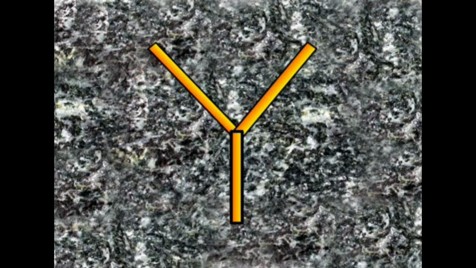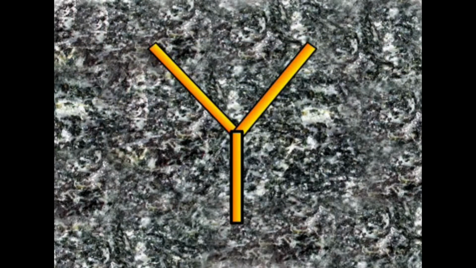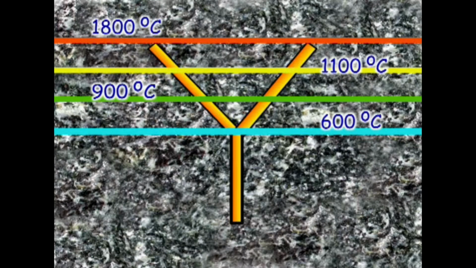A third line representing a temperature of 900 degrees Celsius is located 2/3 of the way from the top of the Y to the juncture of the upper arms. A fourth horizontal line representing a temperature of 600 degrees Celsius intersects the triple point junction where the upper arms of the Y meet the base portion.